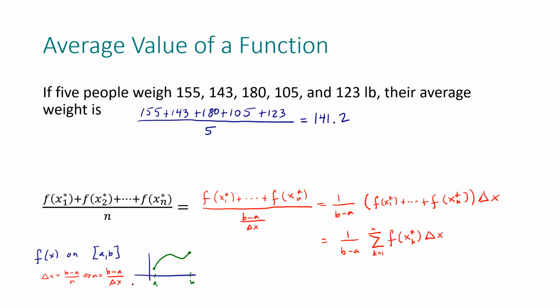And so if we want to get it for all these infinitely many values, we can take the limit as n goes to infinity. We'll call this f bar.